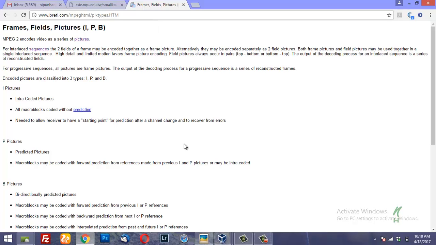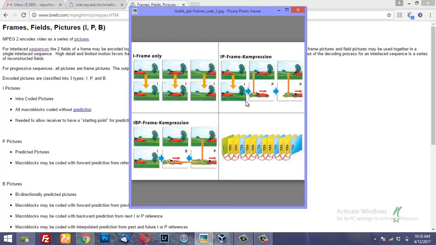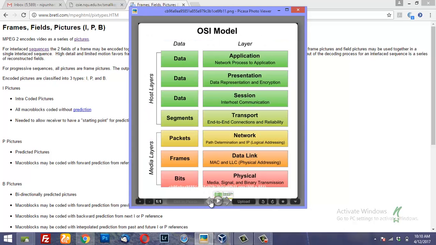But the fact of the matter is that these frames are generated at the application layer of the OSI model, and when the data from these frames goes through the transport layer, it is transformed into packets and then frames again.